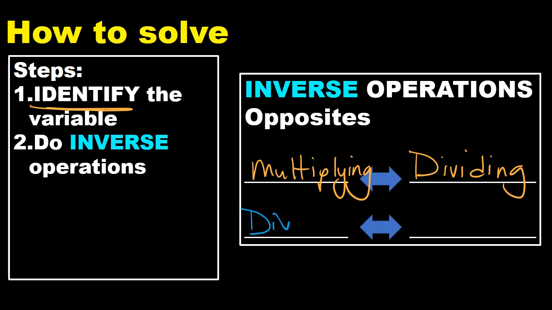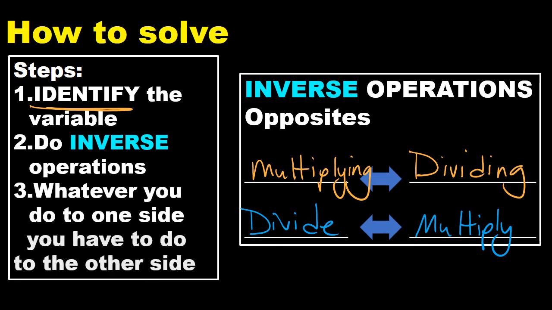If you're dividing, you know that you should be multiplying. So we do inverse operations to get that variable by itself. Because whatever we do to one side, you have to do to the other side. I want you to put a little star next to this, saying this is the step that you have to show. Over the following couple examples, you'll get a feel for how you should be showing your work.